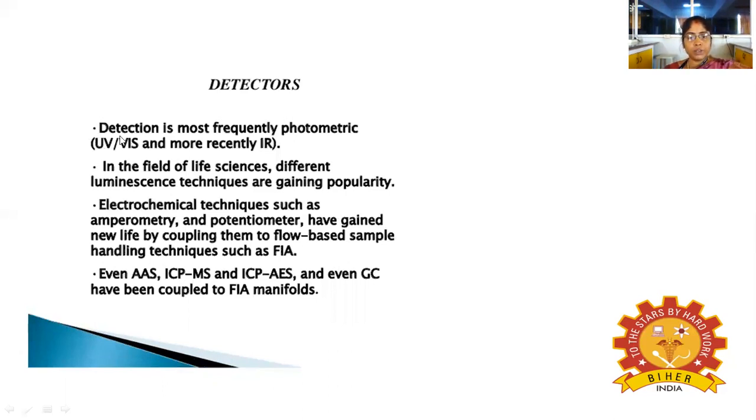The detector we use is UV visible or IR, it might be ICP-OES or ICP-AES or ICP-MS, or a GC coupled with the FIA for any number of applications. When you talk about a detector, we use UV visible spectrophotometry, and most recently we are using an IR spectrophotometer for analyzing the atoms or molecules that have to be coupled with the FIA.